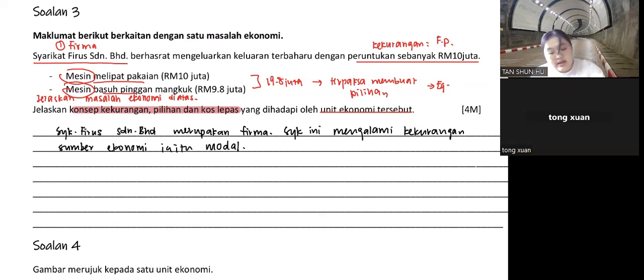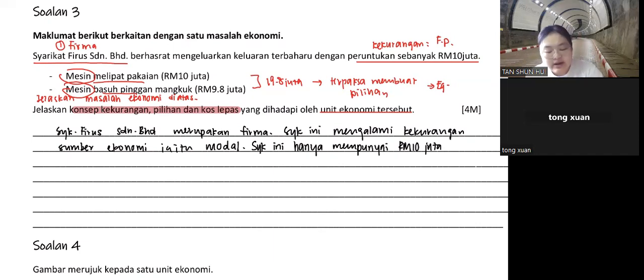Okay? And of course, can you further explain? Yes. Okay, so you can say kedua-dua mesin memerlukan, or you can tell like this, syarikat ini hanya mempunyai 10 juta. This is the explanation, proof that they are facing kekurangan.